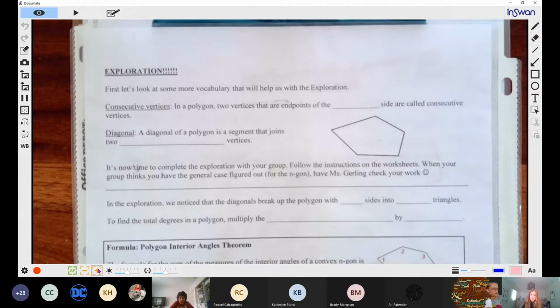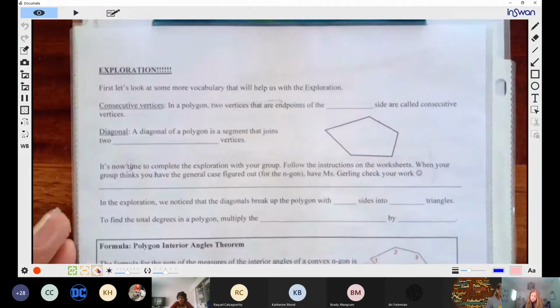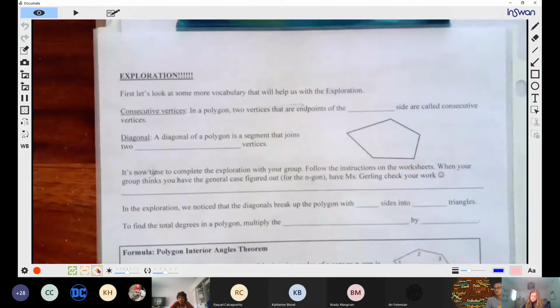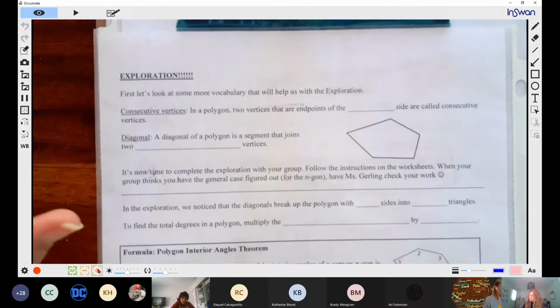I really want you to understand and go with this. For some of you it's going to click right away, some the second time you see it, some the third, but eventually your brain's going to go, oh, I get it. This makes sense. I'm a visual learner, so for me it made sense when I saw the picture.